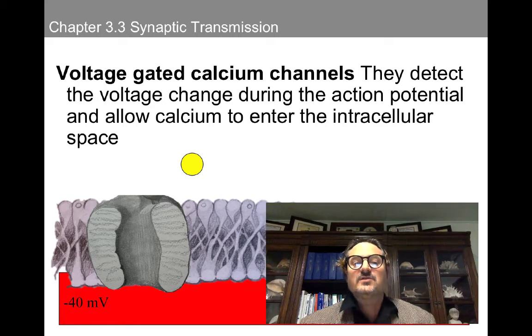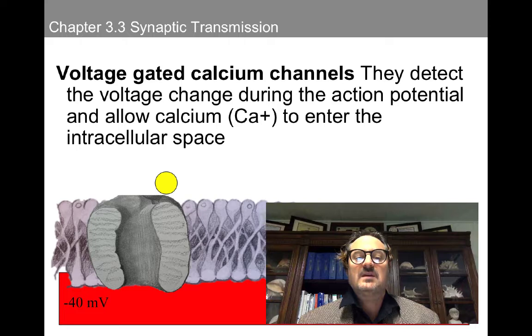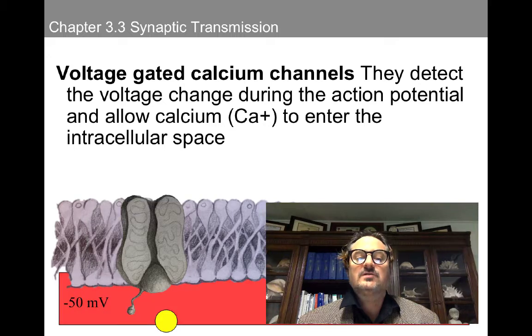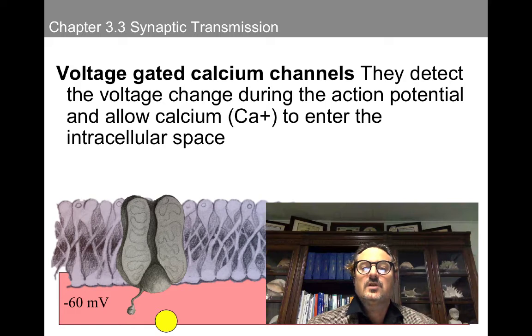It detects the voltage change during the action potential and allows calcium to enter the intracellular space. So there we see the calcium is passing through. Now it's in the intracellular space. And whenever the action potential passes, the intracellular space returns to resting potential, and the voltage-gated calcium channel closes.